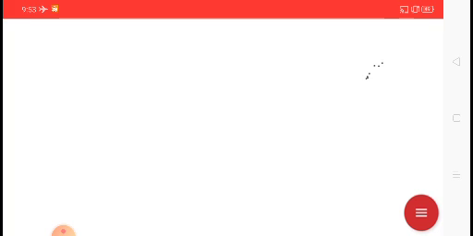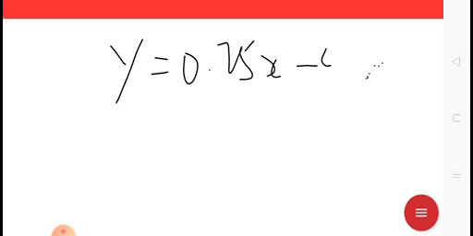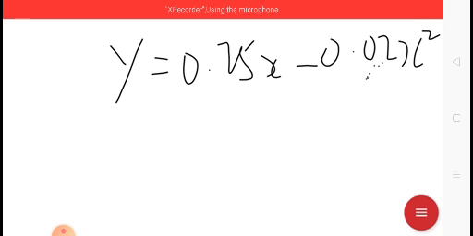Great. For this question, when you see the equation y equals 0.75x minus 0.02x squared, most probably they will ask you to compare it to the original trajectory equation.